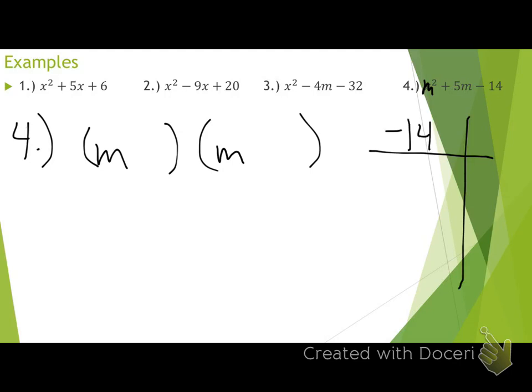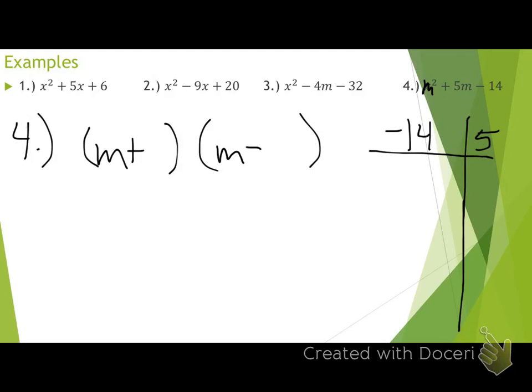What's my B value? 5. What are my signs going to be? Plus minus. The sign in front of my C value is a minus, so I automatically know it's a plus minus.